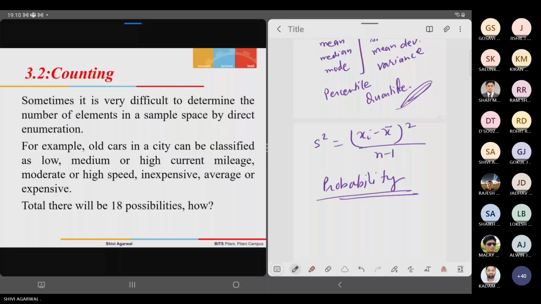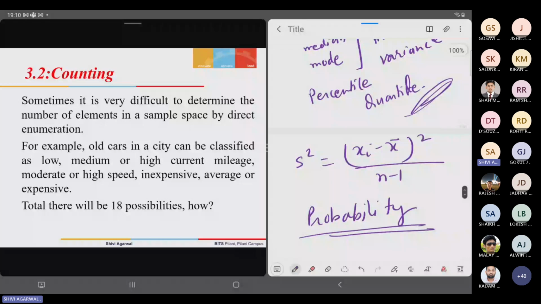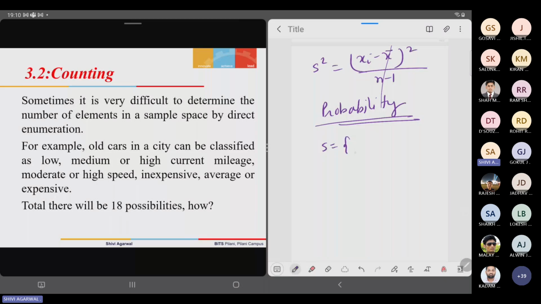Okay, so counting: sometimes it is very difficult to determine the number of elements in the sample space by direct enumeration. We have done in the last class, if you remember, that we find the sample space S by using some experiment. We find how many elements are in it and what the elements are. In the last class, we used the tree diagram to find out the elements.